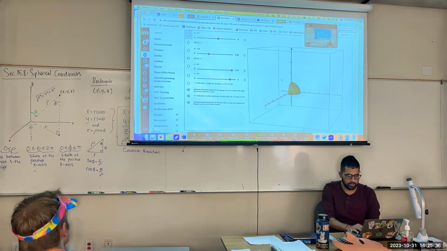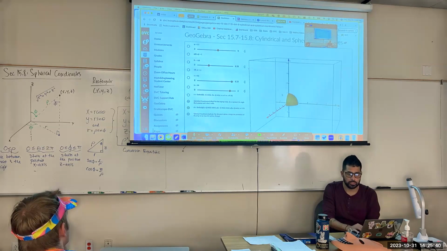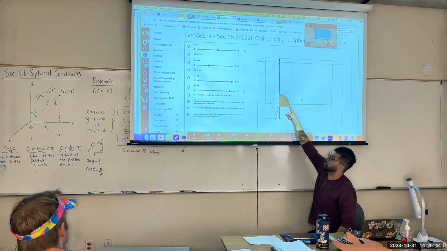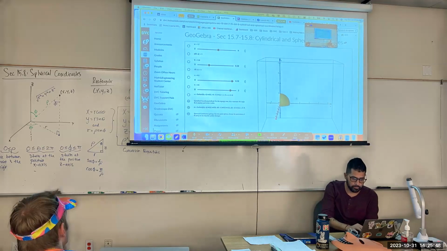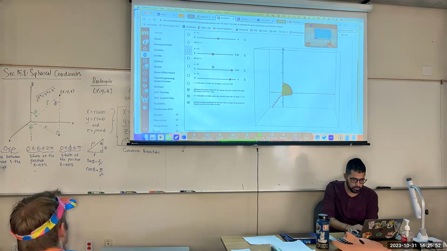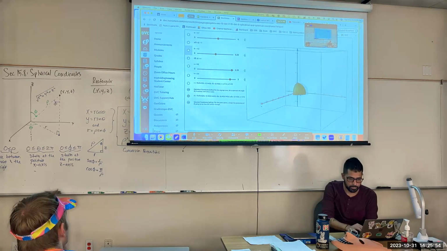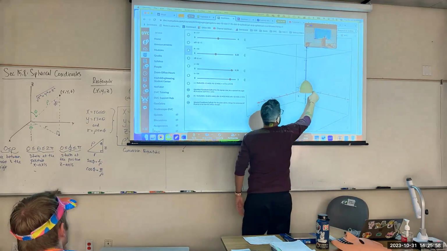What's happening is rho right now is 1 unit. Notice that it's 1 unit away, right? But I'm allowing theta to rotate, let's say from 0 to 2 pi.